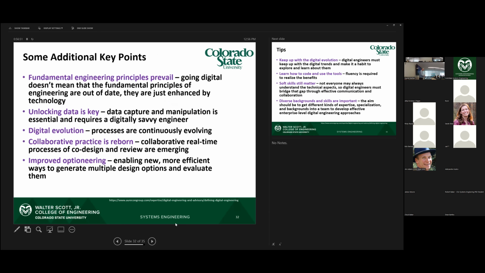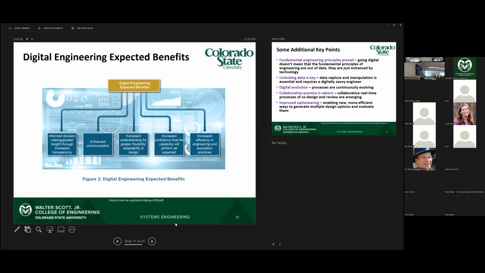Finally, increased efficiency in engineering and application practice as well. I already talked about that point in some of our examples in particular. Overall, enabling these pathways just facilitates someone doing more in their role with the capability being enabled to them, and not more iterations between groups, things like that.